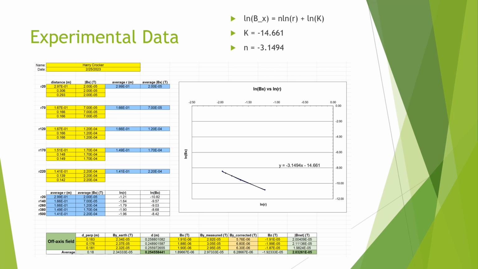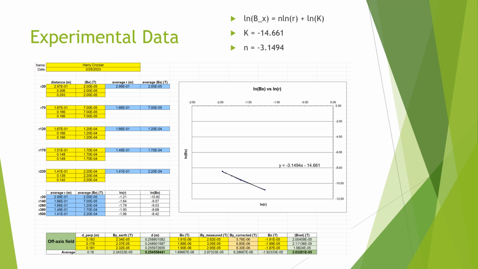Earth's magnetic field, which is done by subtracting the measured value from the Earth's value, and then the graph shown is a linear plot of dx and r. This is done by taking the natural log.